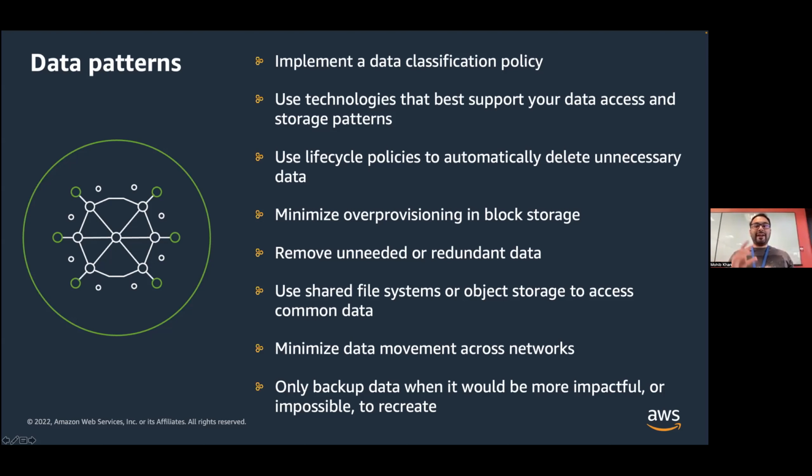And how much backup data do you need? For a lot of core or mission critical applications, you're taking snapshots and trying to understand how to take backups. So only back up the data when it would be more impactful, or when it is impossible to recreate.